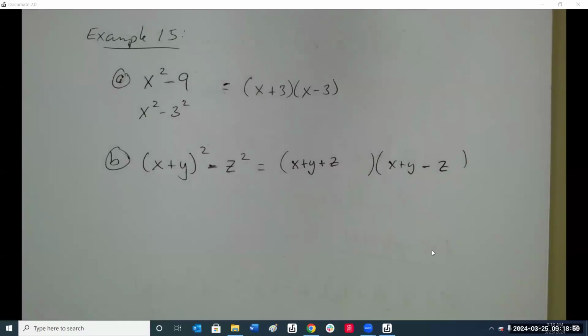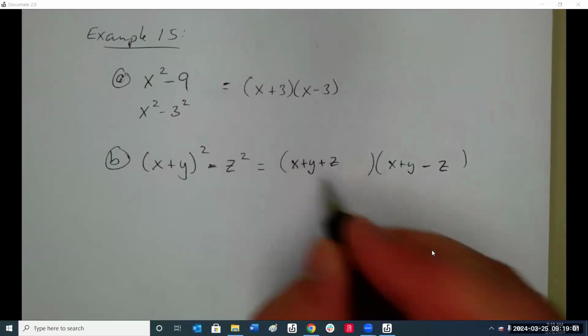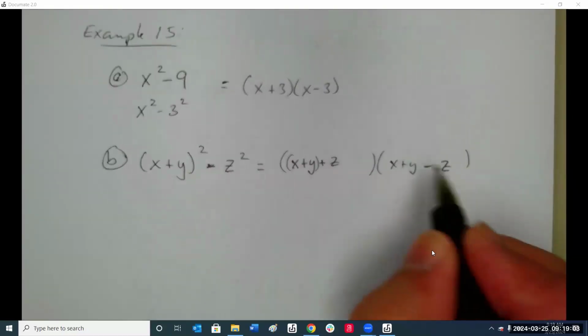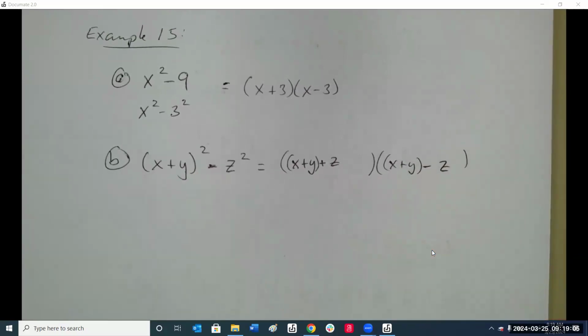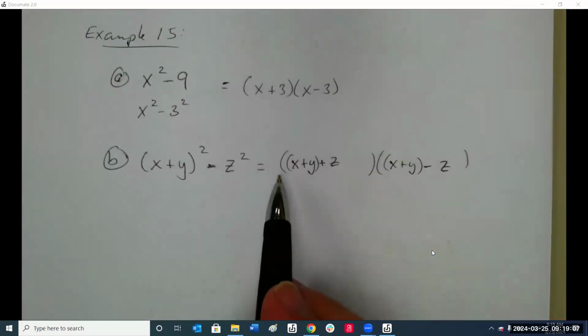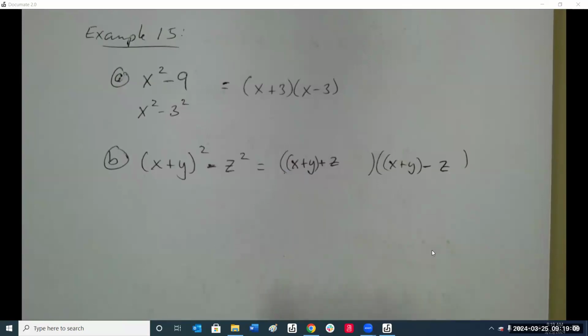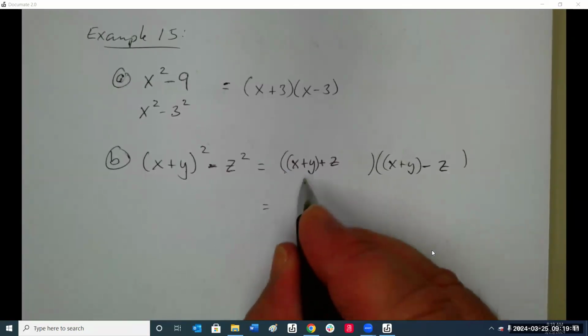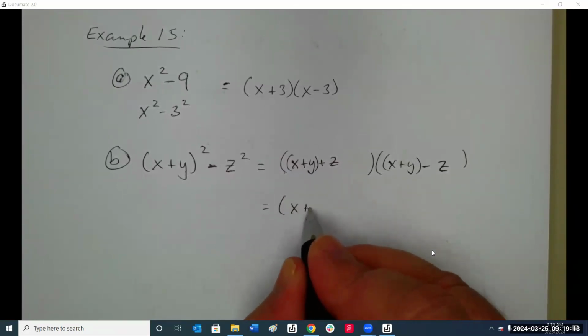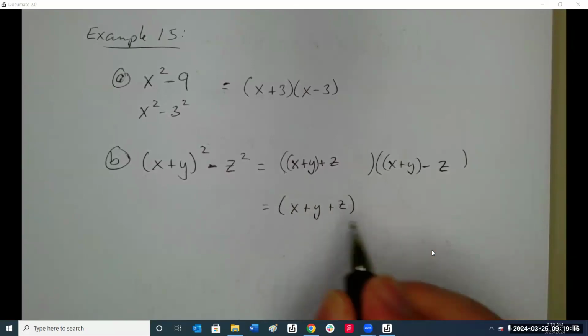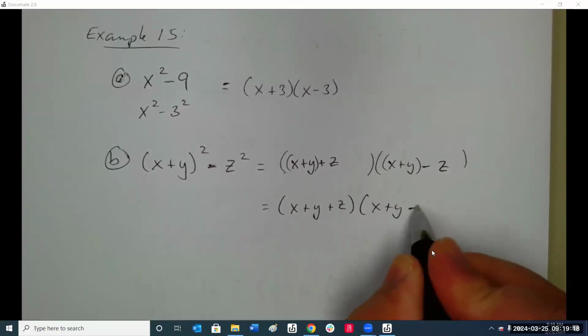I have the outside the parentheses. Well, yeah, or you could do it like this, but you'll see that those parentheses aren't really needed because there's no coefficient. Yeah, so since those aren't really needed, we have x plus y plus z, x plus y minus z.